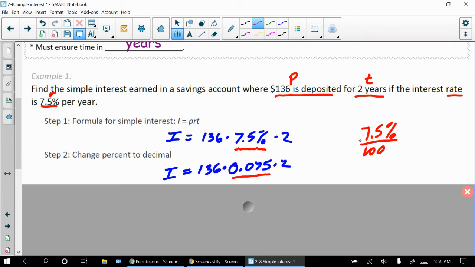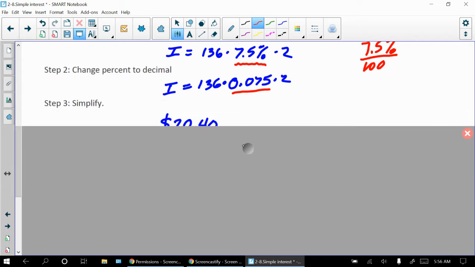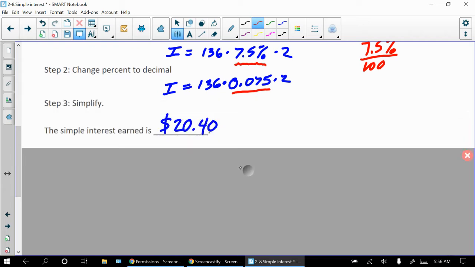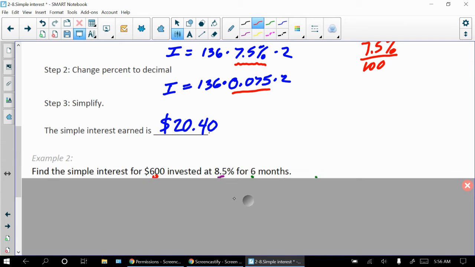Dividing by 100 just changes the place value of where the decimal is, so I can basically take 2 hops. Then we multiply it out, and that gives us $20.40. It's a low interest rate.